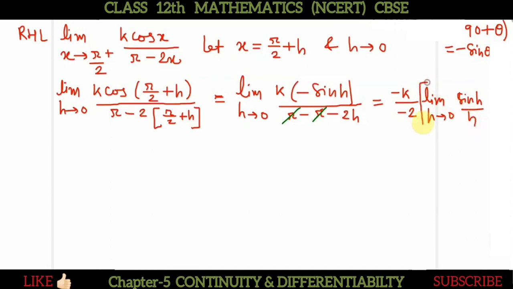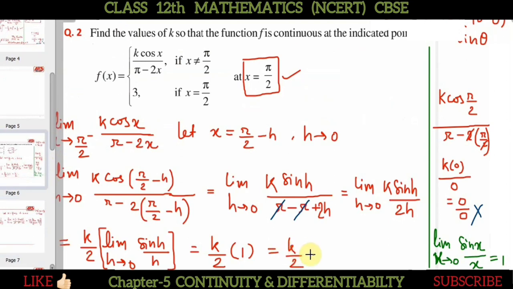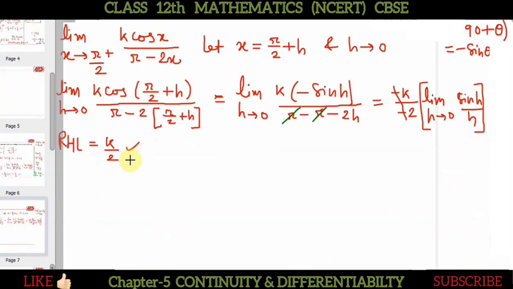Again, according to the identity, this is 1, and this minus and minus can be eliminated. So the RHL would be k by 2. In the previous case, your LHL was also k by 2, and your RHL is also k by 2.